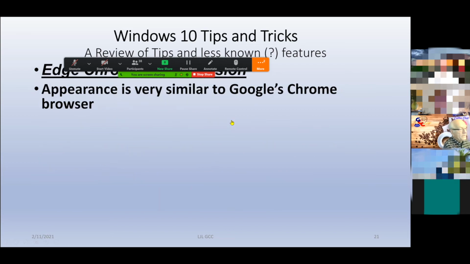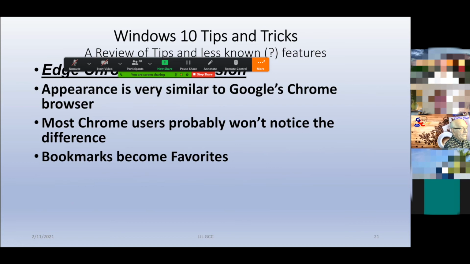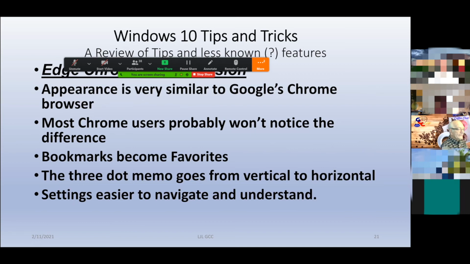As I said, it's very similar in appearance to Google Chrome. Most people who would move over probably wouldn't notice the difference. You will note that what's called bookmarks in Chrome becomes favorites. And the three-dot menu, not memo, I just noticed that, goes from vertical to horizontal. I ought to read my stuff, I guess.